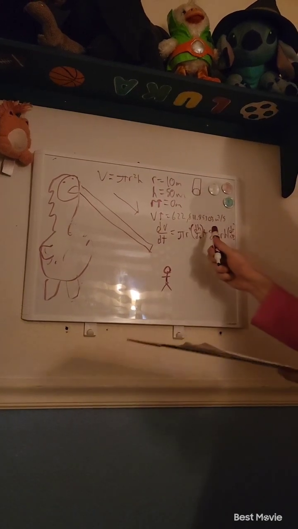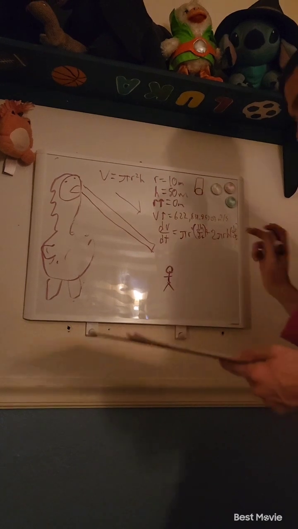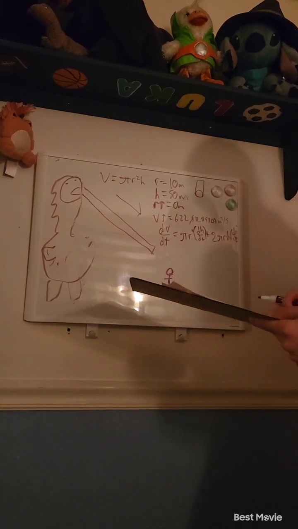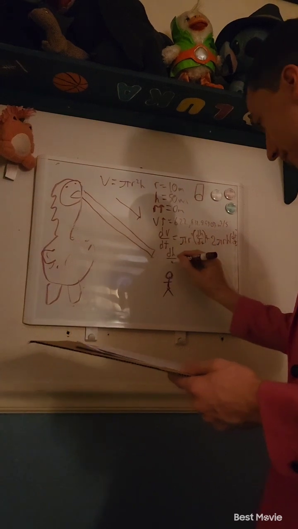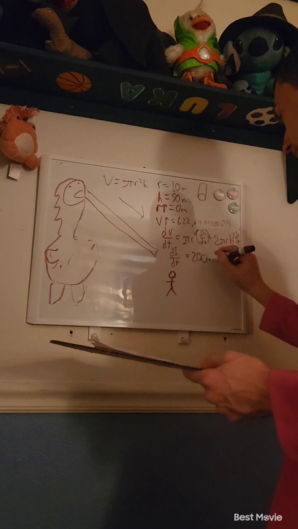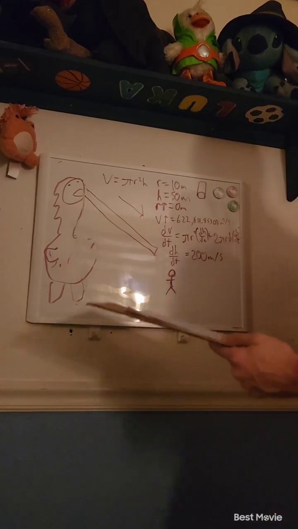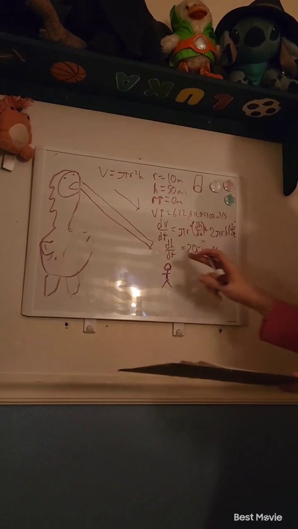Perfect. So we know that we don't have this variable, but we have the rest, so we are able to solve for it. And when we do, we will find that the rate at which the height is increasing is 200 meters per second.